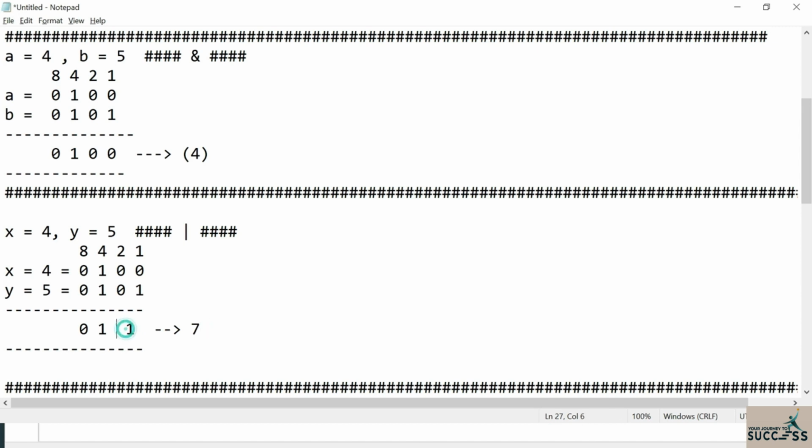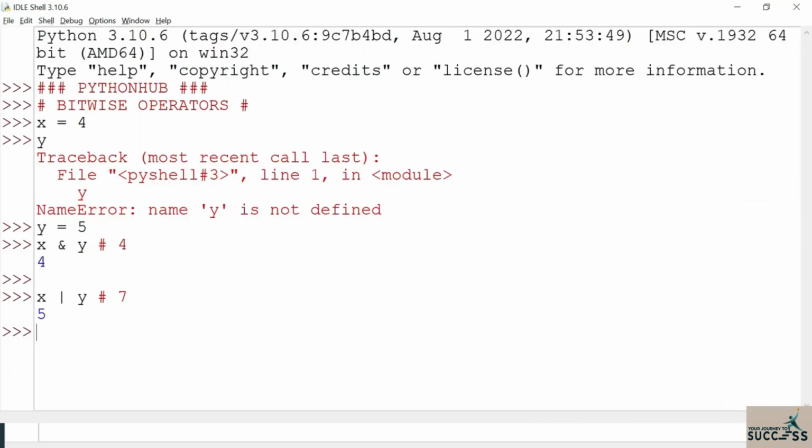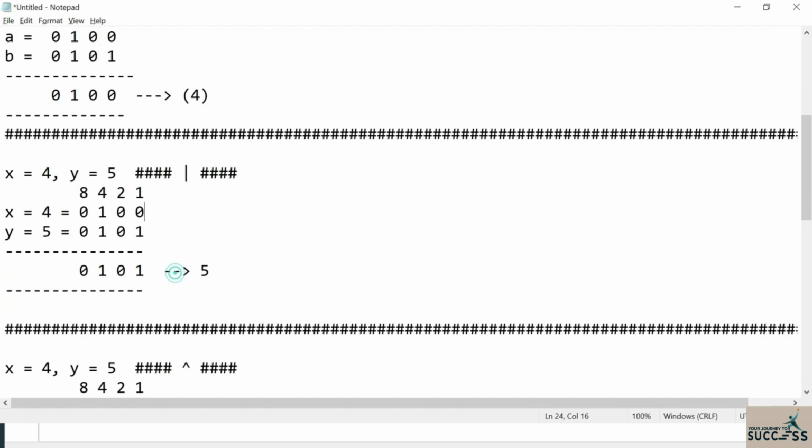Sorry, we have to get 5 only, because if both are 0 it should be 0 only, right? So in this case 101 is 5 only. The same 5 we got in the IDE as well. I hope all of you understand this.